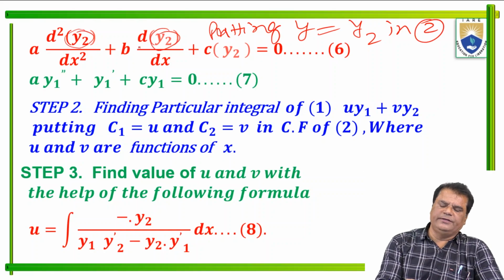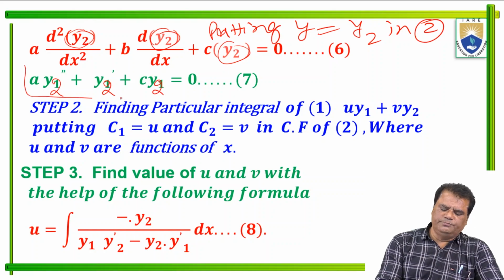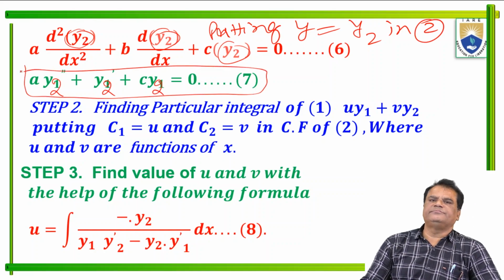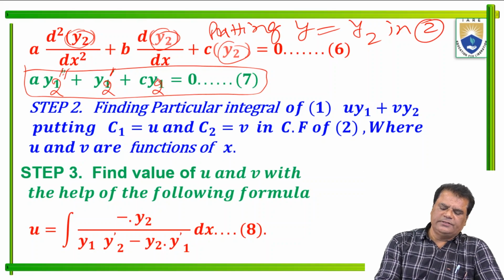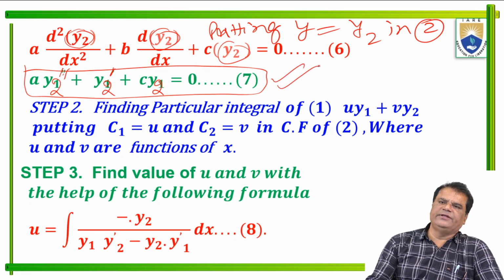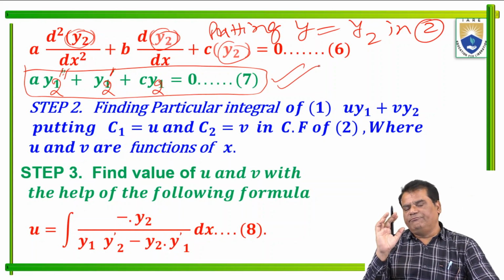Then we get y2, y2 and y2. Two times differential of y2 with respect to x gives y2 double dash, one time differential of y2 with respect to x gives y2 dash, and there is no differential in the last term. So a y2 double dash plus b y2 dash plus c y2 equals 0. This is equation 7.